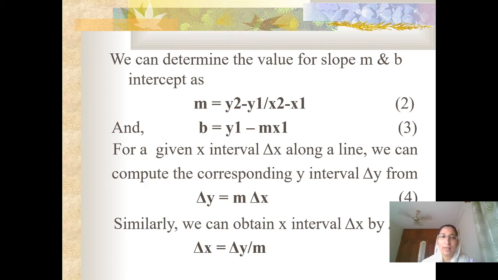Thus, for a given x interval delta x along a line, we can compute the corresponding y interval delta y as delta y is equal to m into delta x. Similarly, we can obtain the x interval delta x from delta y. That is, delta x is equal to delta y by m. We can take these as equation numbers 4 and 5.